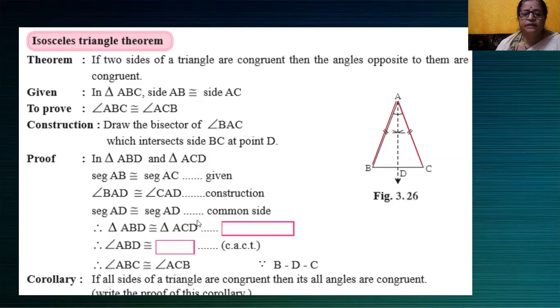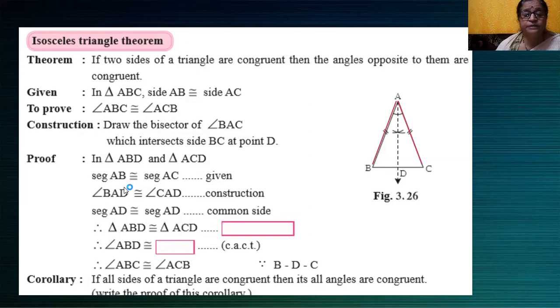Then there is one more side, AD congruent to AD. This AD belongs to this triangle and also to this triangle. So these two triangles are congruent: triangle ABD congruent to triangle ACD.